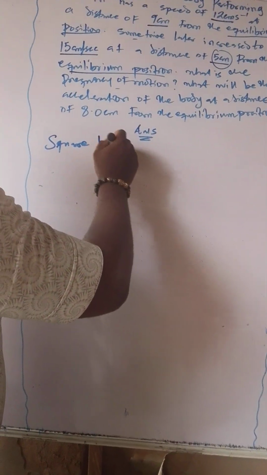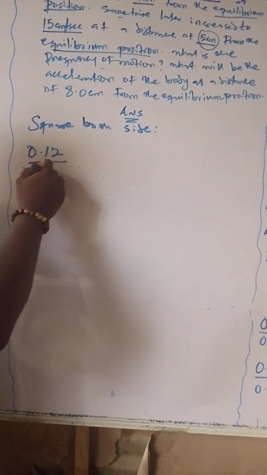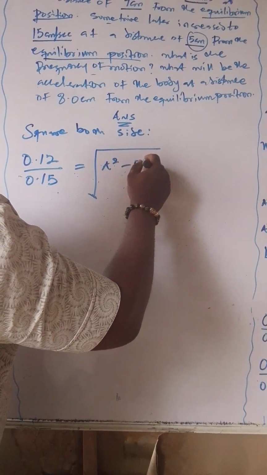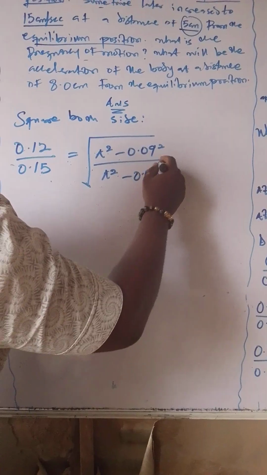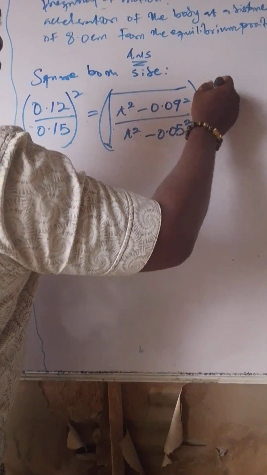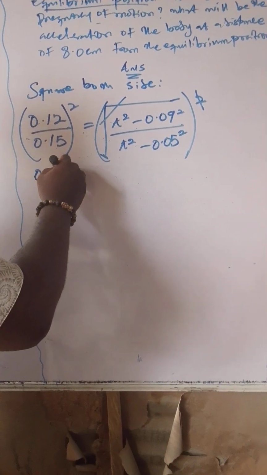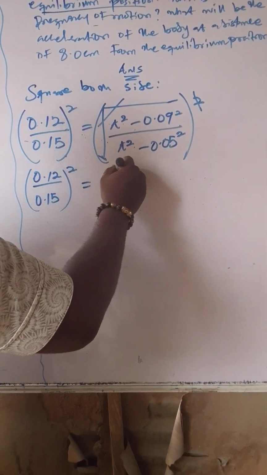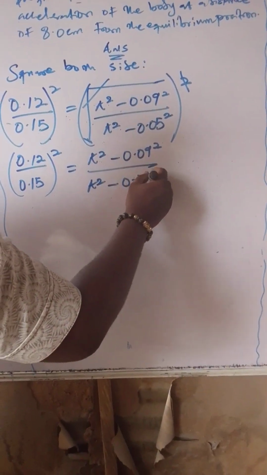So 0.12 over 0.15 all squared equals A squared minus 0.09 all squared over A squared minus 0.05 all squared. The square and the root cancel.